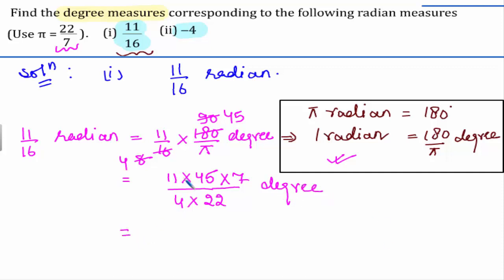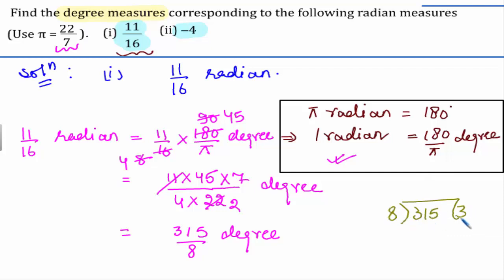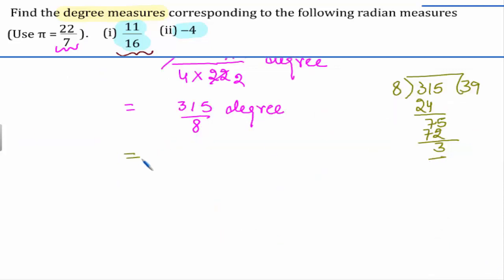So this is equal to 315 divided by 8 degrees. Now dividing 315 by 8, 8 3s are 24, 7 remainder, 5 carried down, 8 9s are 72, 3 is the remainder. Therefore this can further be written as 39 and 3 upon 8 degrees.